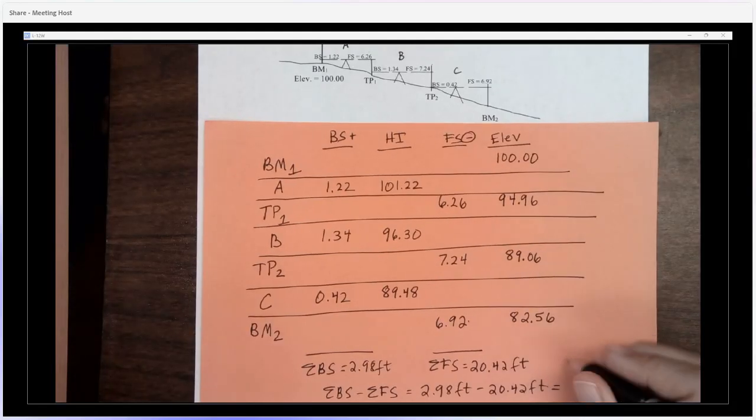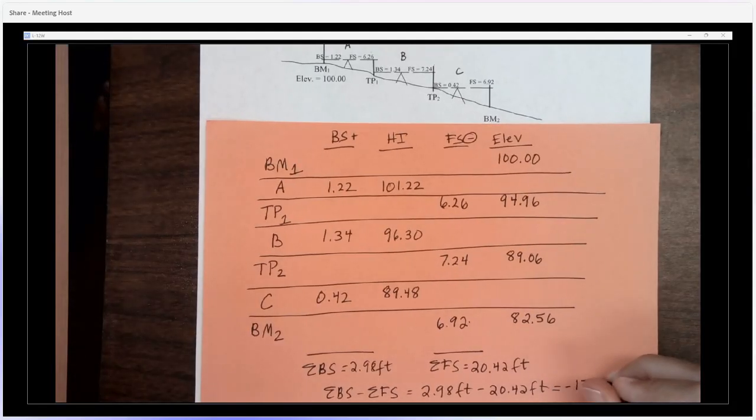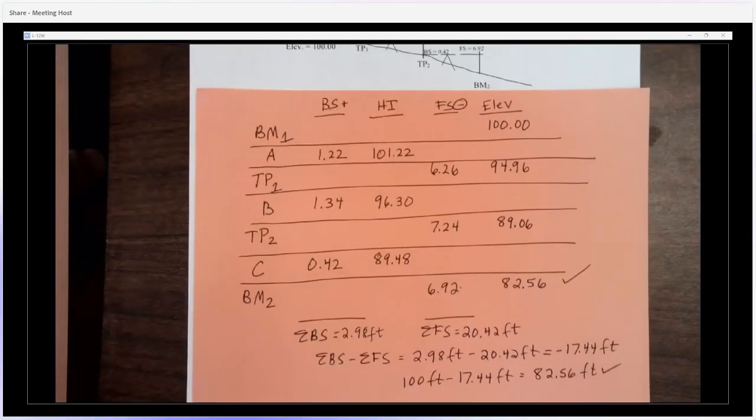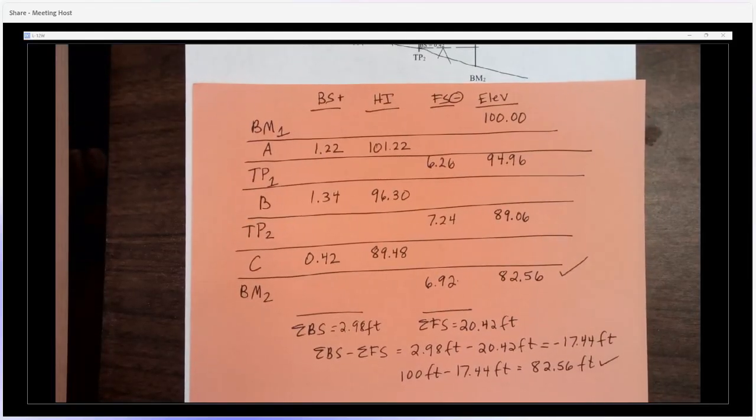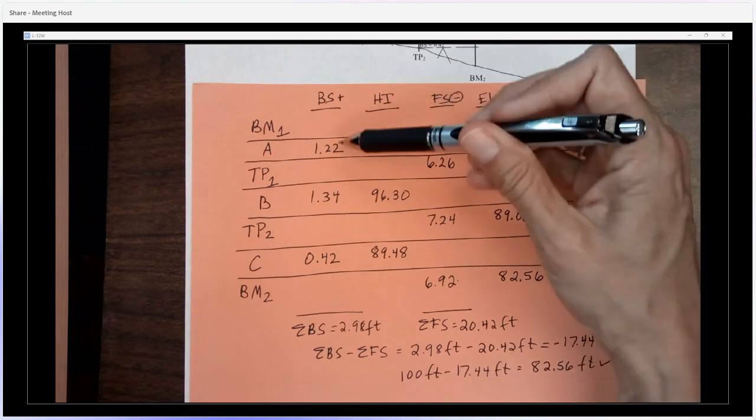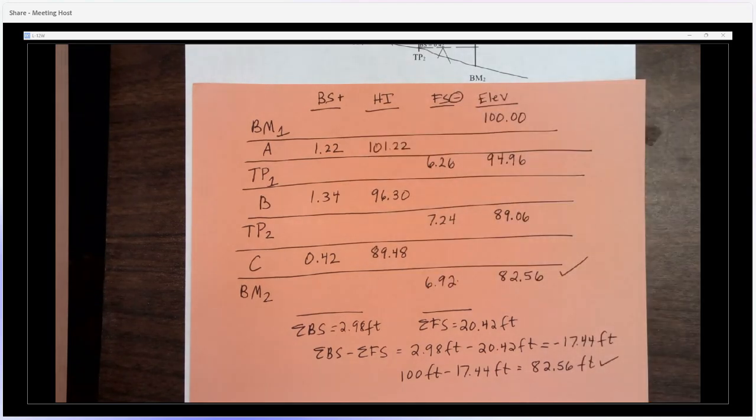So that's looking good. That's a negative 17.44 feet. So we'll subtract that from the 100-foot start elevation, and yep, that gets us to 82.56 feet. So that's a nice way to check our final answer. It's also a way to get to that final elevation if that's all you need without doing all of these intermediary steps as well.